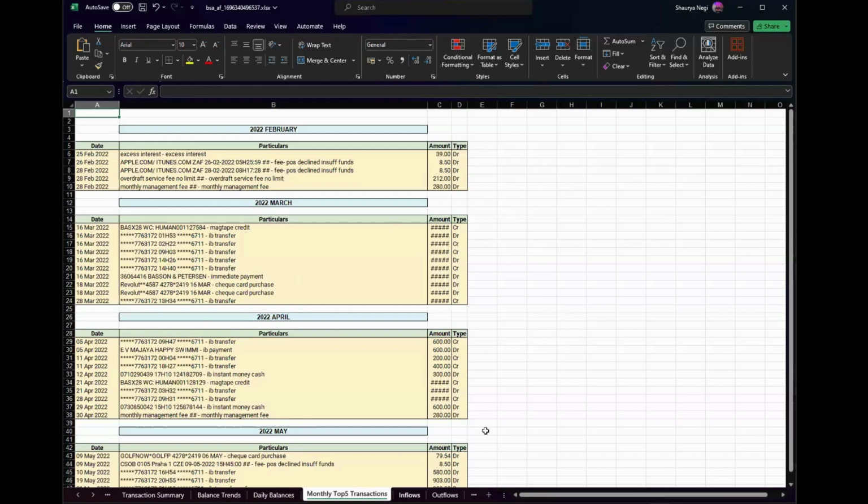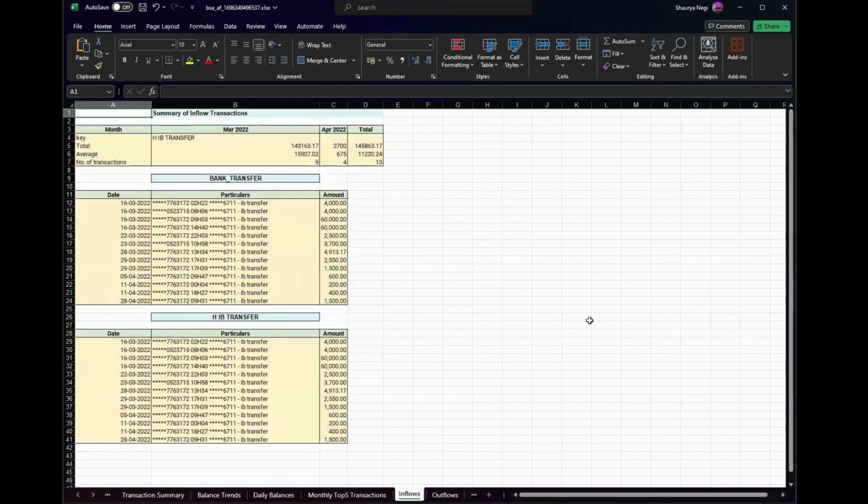The next two sheets are the inflows and the outflows sheets, which are basically two sides of the same coin. These sheets break down your earnings and expenses by type and frequency, allowing you to see how transactions which are pretty common in nature, which happen pretty frequently, influence a bank statement over time.